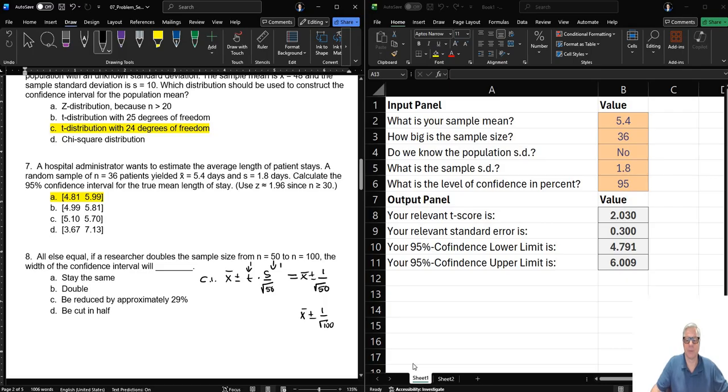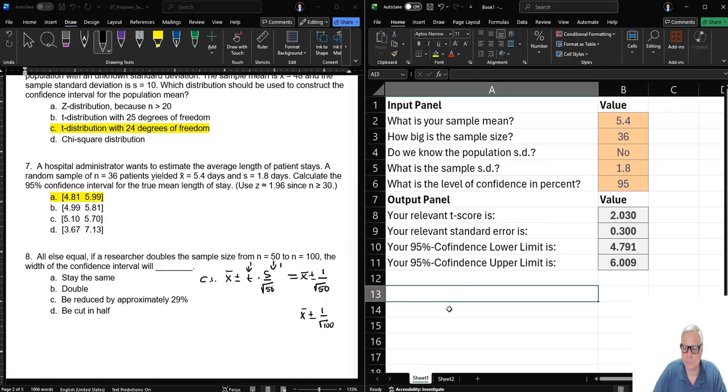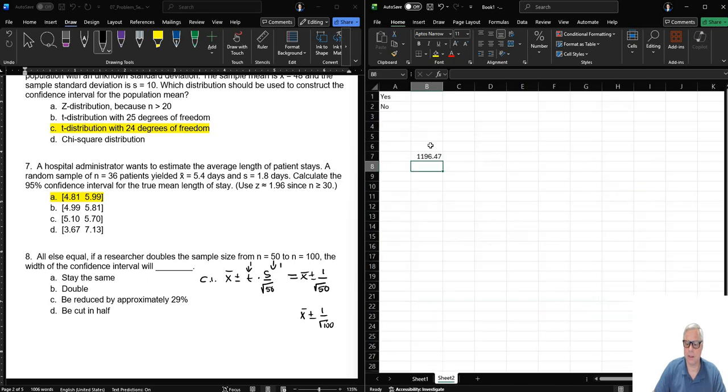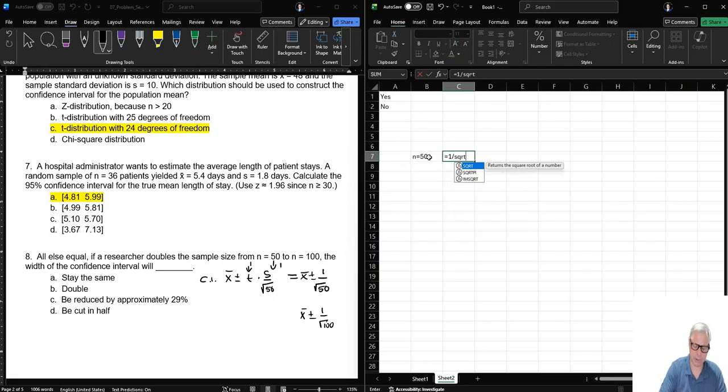Okay, so let's just compare those two values quickly. Let's call this one n equals 50. So then we have to calculate 1 divided by the square root of 50.